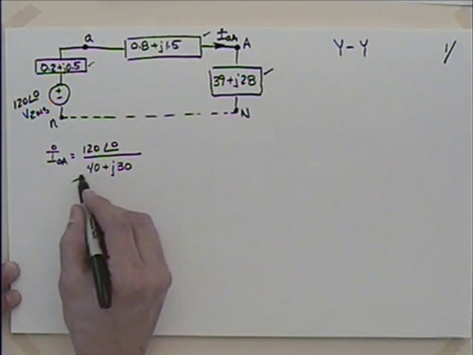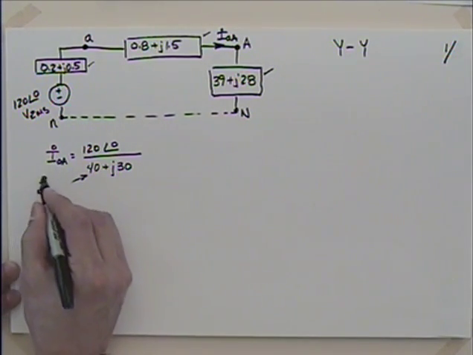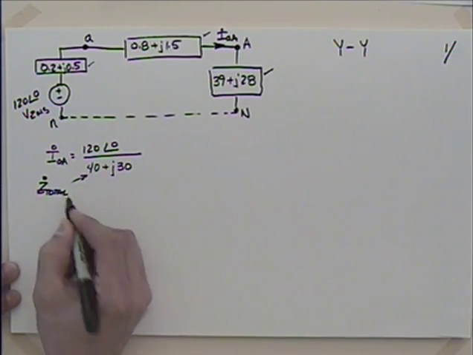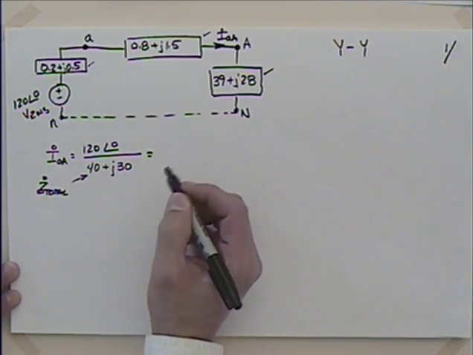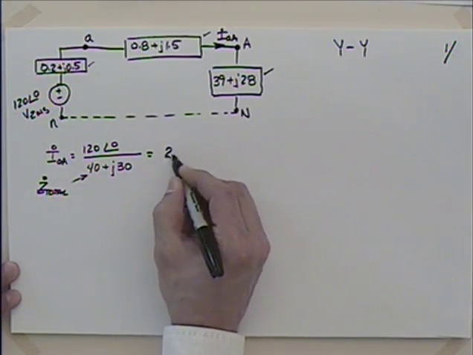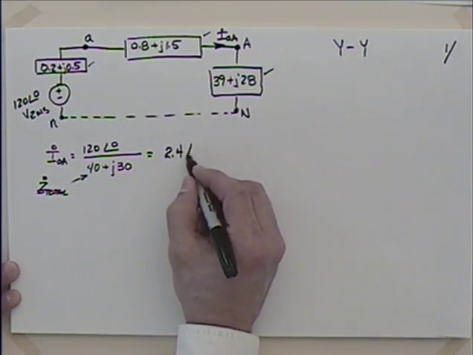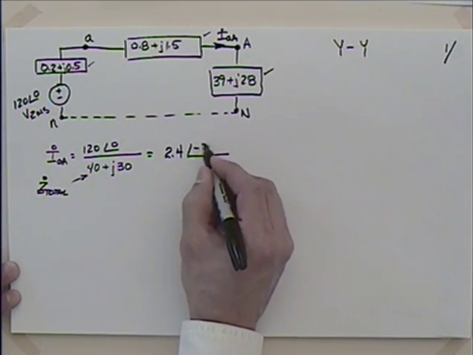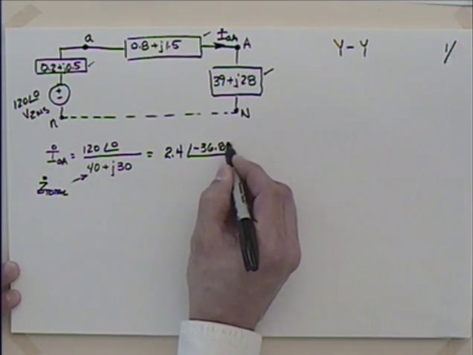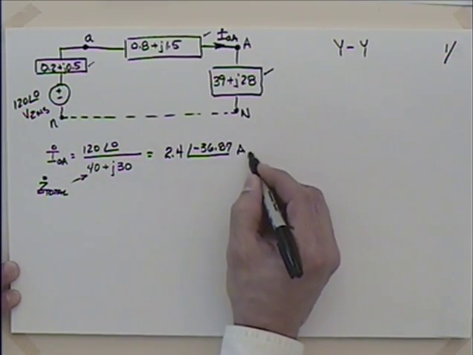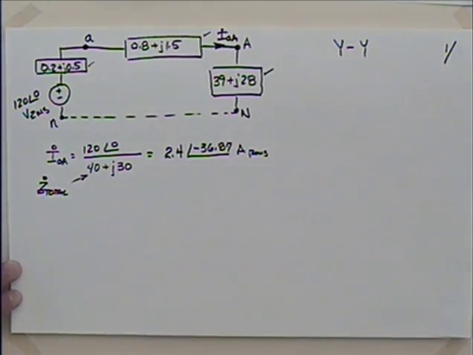Okay, because that's your Z total. And if you run the math on that, you end up with 2.4 at an angle of minus 36.87. That'll be amps RMS. So that was AA.